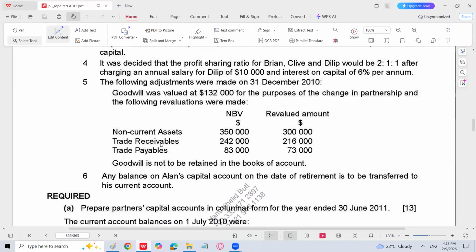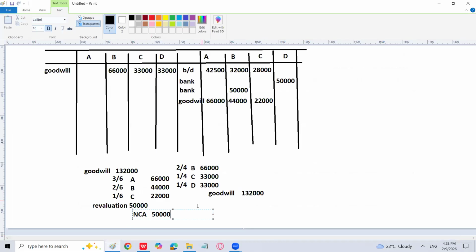If I'm not taking the amount wrong, let me see. It's fine. Then trade receivable 242 say decrease, okay, 216,000. So what is the difference of the amount of trade receivables? So that I can pass the entry: revaluation debit and trade receivable credit, 242,000 minus 216,000, 26,000.